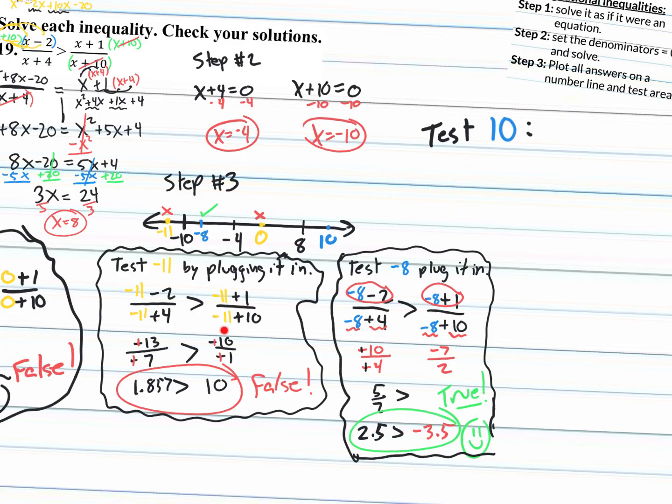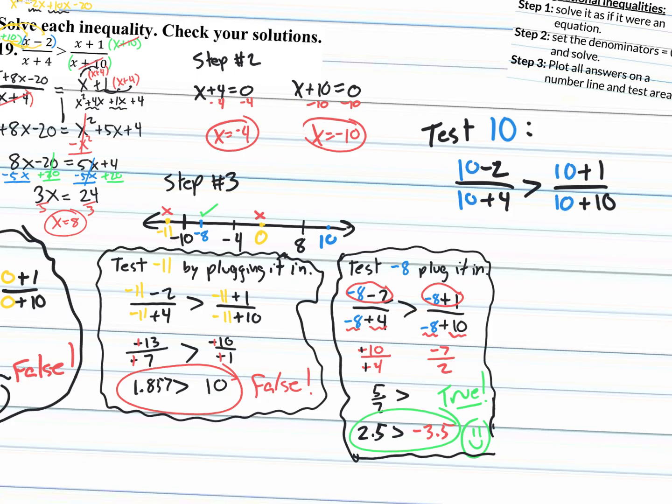Once again, I'm going to rewrite this, but instead of the yellow -11s, I'm going to plug in a blue 10. So once again, we have the fraction, subtract 2, plus 4. We have the greater than symbol, fraction, plus 1, plus 10. And we're plugging in this time a 10 in all of those spots.